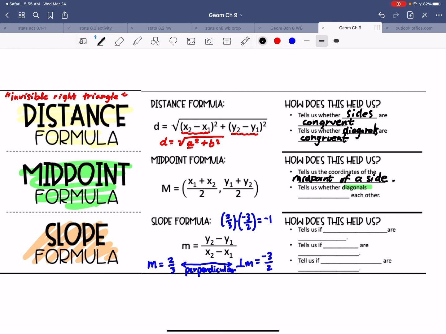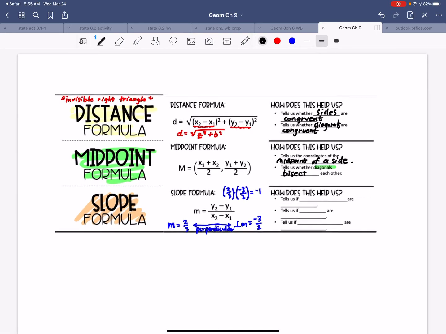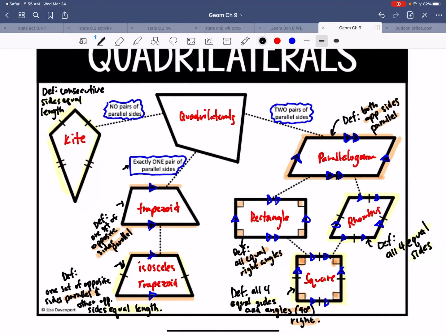It would also tell us whether diagonals bisect each other, and that's probably an even bigger one. So that would be another way to classify shapes, even though, again, we most of the time would use the outer sides and the angle. So let's think about that. It tells us which diagonals bisect each other. So let's take a look. Diagonals bisect.